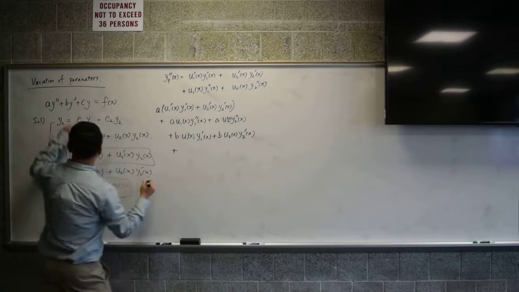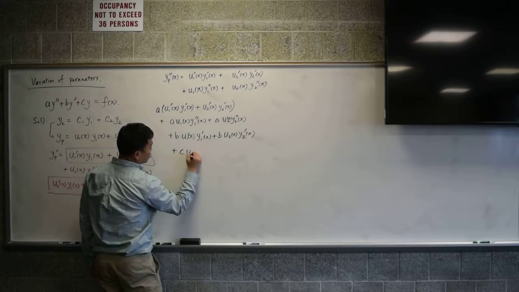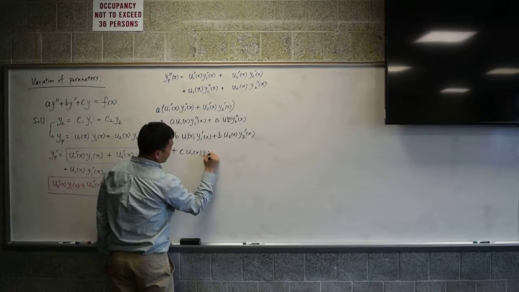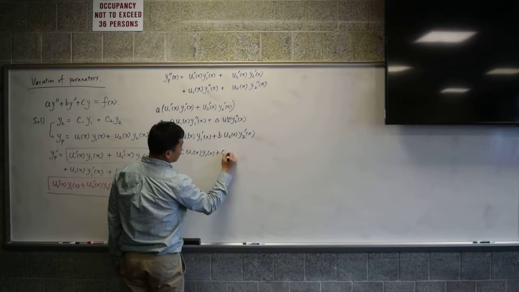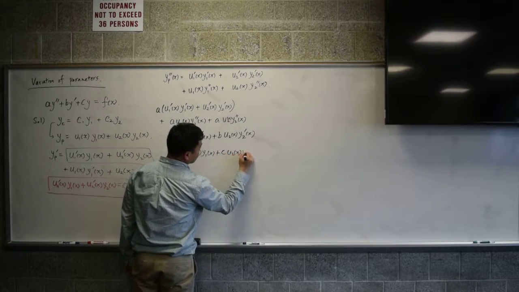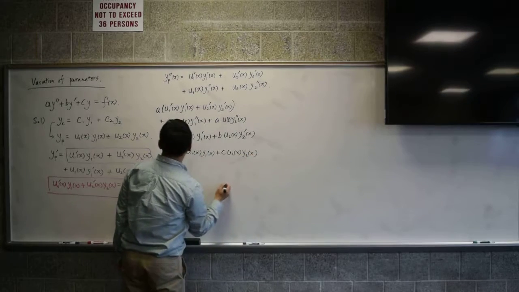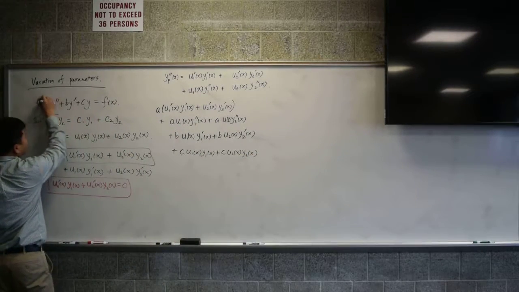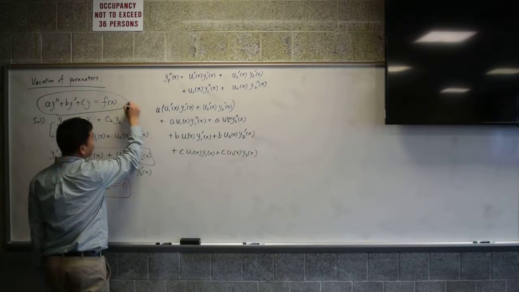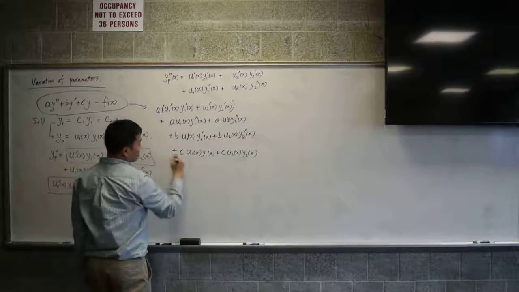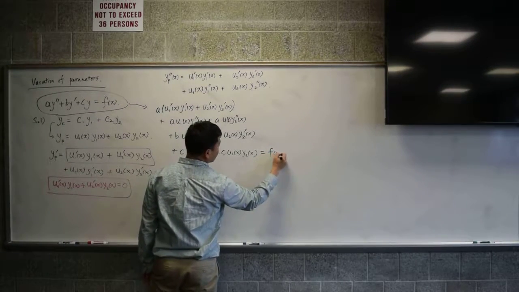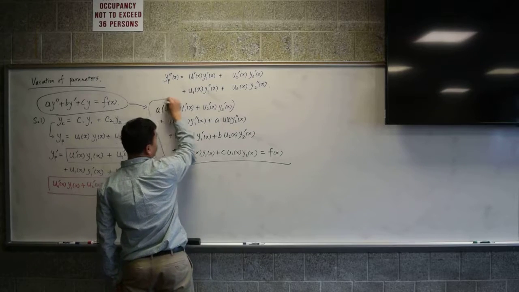And then finally, c times y, so c u1 y1 plus c u2 y2. So the left side of this equation now becomes this humongous equation.